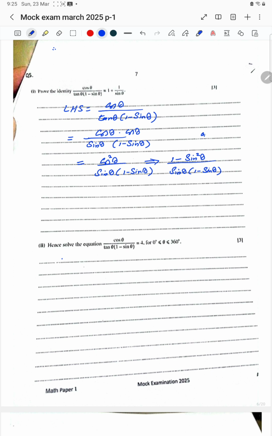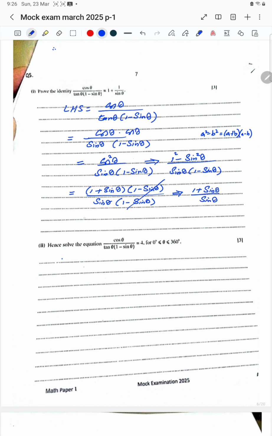Apply the identity a square minus b square, because 1 square minus sin square is 1 plus sin times 1 minus sin. We get 1 plus sin theta times 1 minus sin theta over sin theta times 1 minus sin theta. So it cancels. We will get 1 plus sin theta over sin theta.